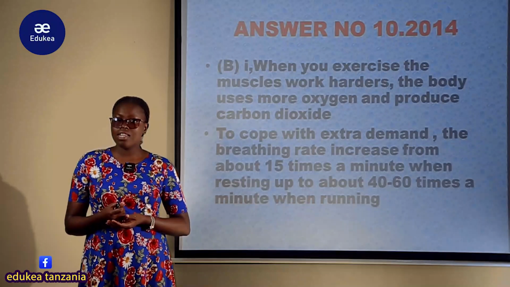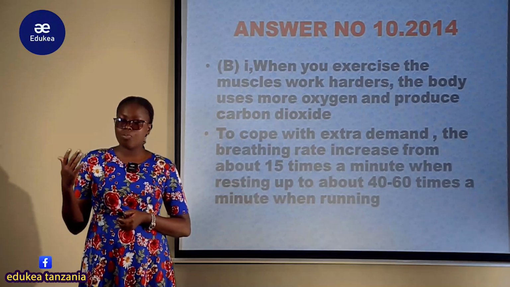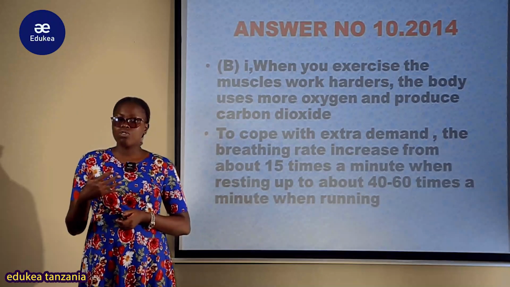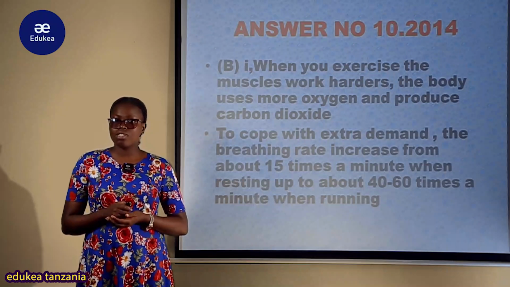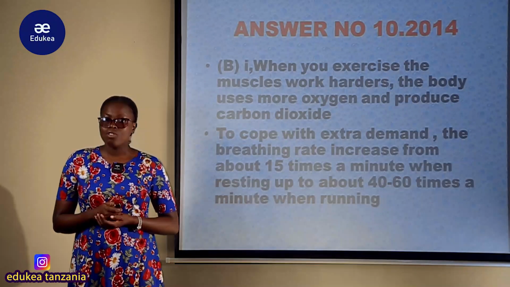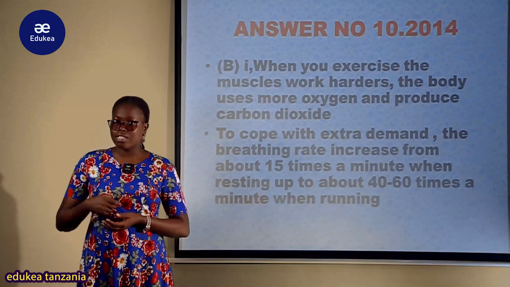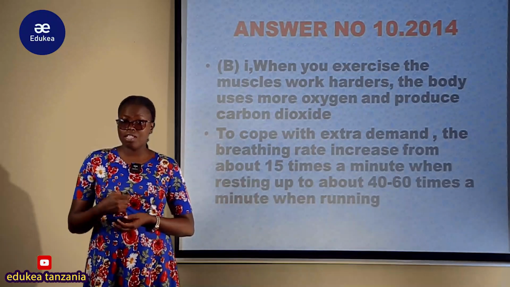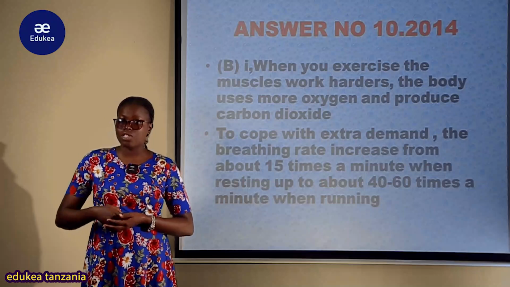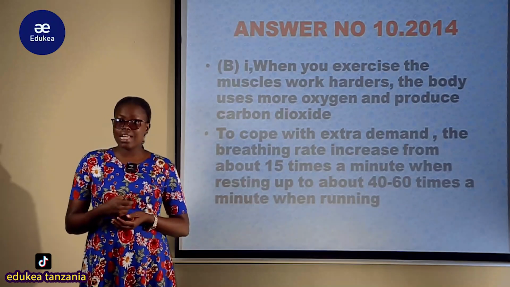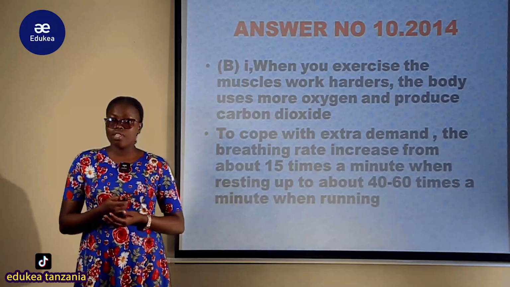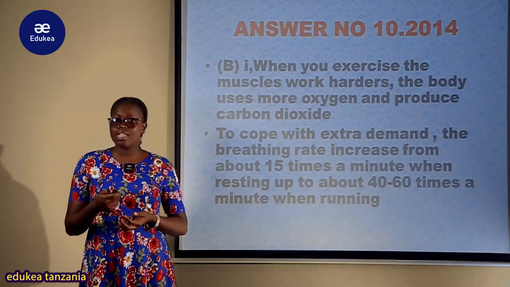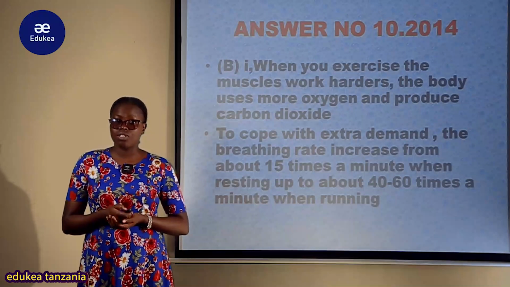So more oxygen needs to be supplied to these skeletal muscles, which are responsible for exercise and running, to ensure that the muscle does not get an oxygen debt. Because once oxygen becomes low in these muscles, there is production of lactic acid, which results in muscle cramp, as a result of anaerobic respiration.